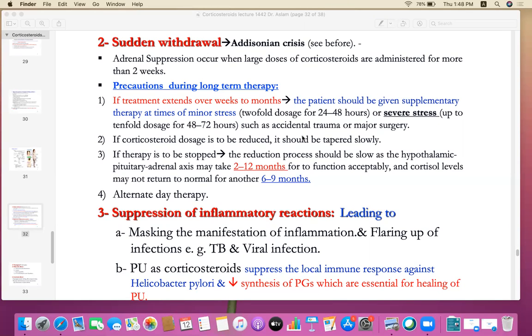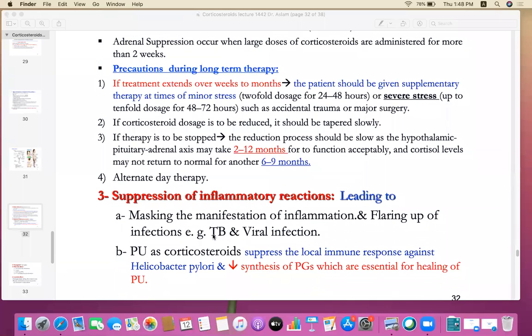So that's why in that period we have to give replacement therapy, and replacement therapy is also gradually withdrawn.